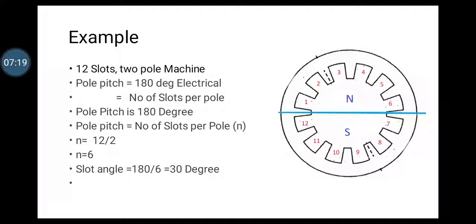The 12 slots will then have 60 divided by 12, that is 5 turns each. So each slot will consist of 5 turns. You can understand the relationship between the slot angle, and also the conductors and turns. Thank you.